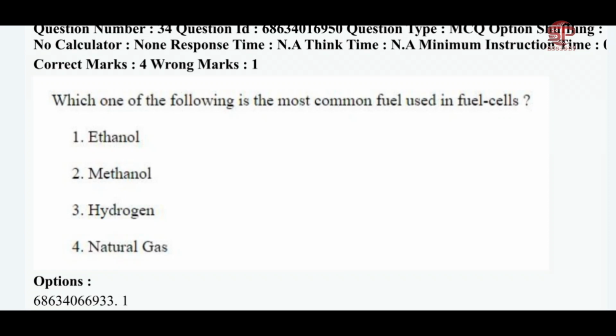It is kind of like a battery, but you don't have to charge this. So mostly we use hydrogen within the fuel cell. All others can be used, but mostly we use hydrogen.